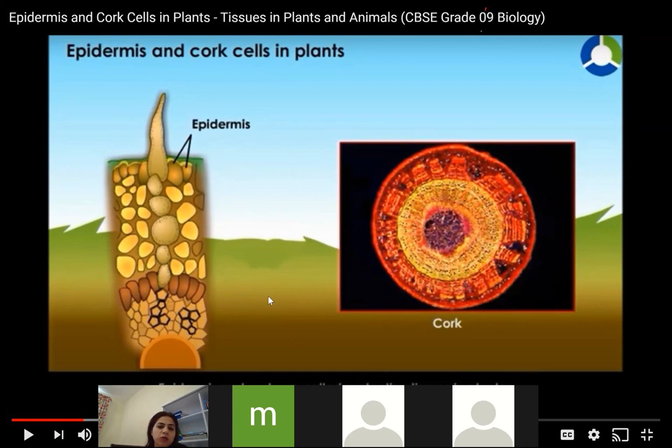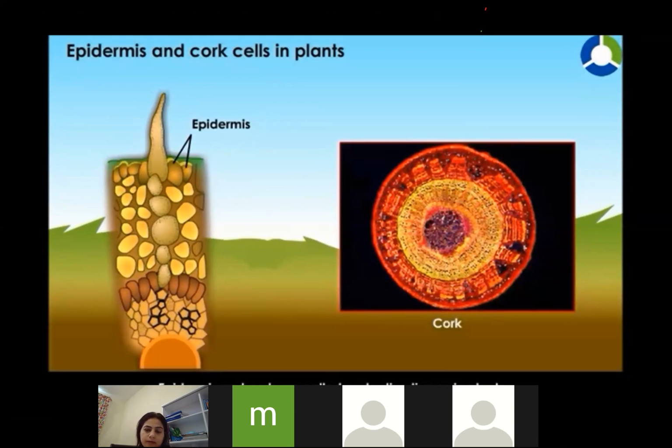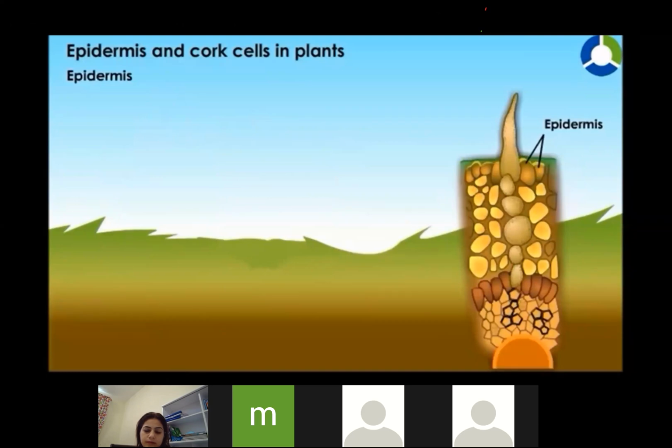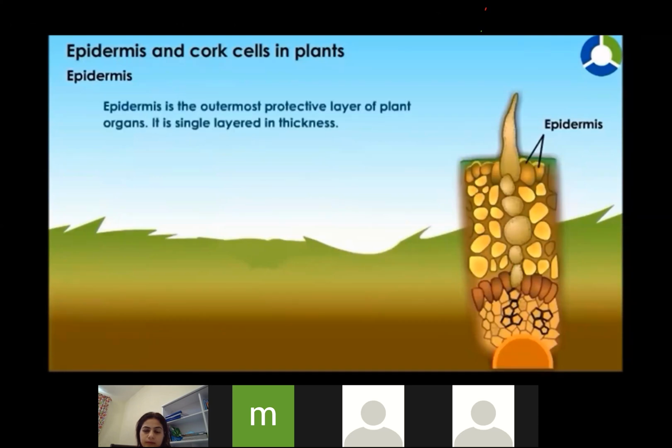Epidermis and cork are called protective tissues in plants. Epidermis is the outermost protective layer of plant organs. It is single-layered in thickness.